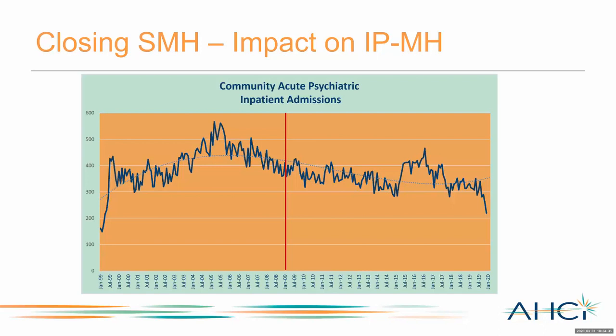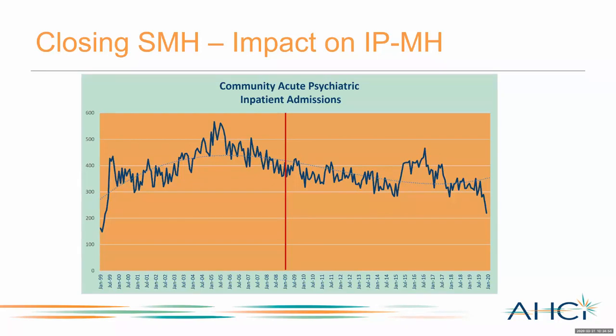So in 2004, we started to say, we've got to start doing something about this, and instituted programs and initiatives to get that down. And that red line represents when the state hospital closed.